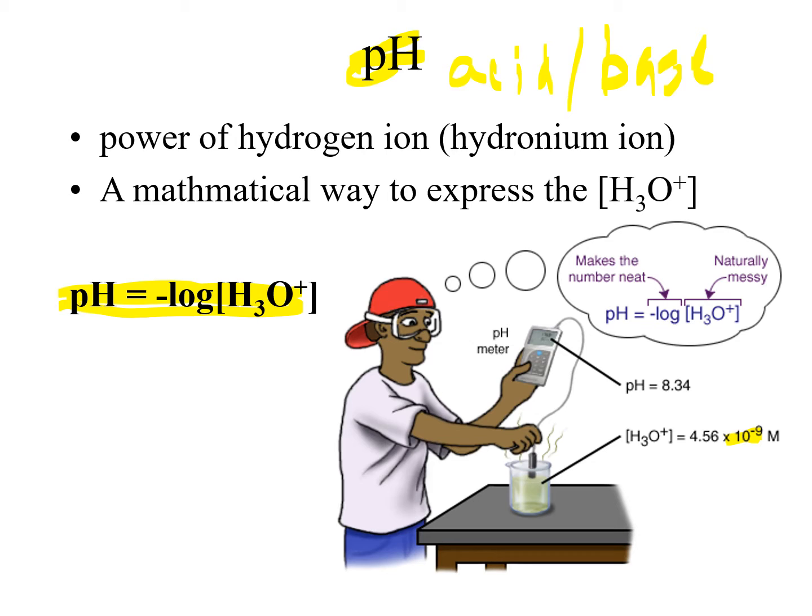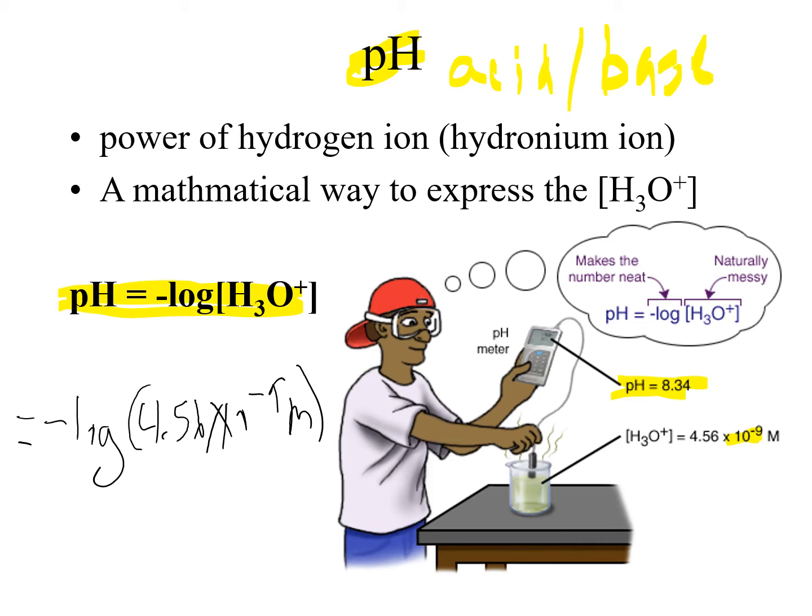For example, if we use this formula, pH is equal to the negative log of hydronium ion concentration, we would plug in the negative log, and then our hydronium ion concentration is 4.56 times 10 to the negative 9th molarity. If you plug that into your calculator, you would find out that the pH here is equal to 8.34. So that's a number that's much easier to use.